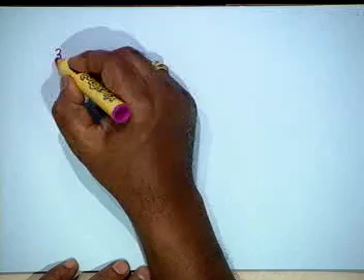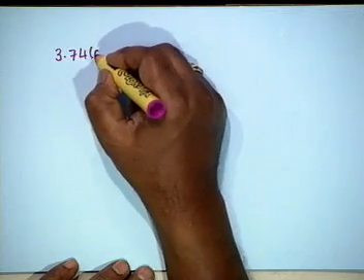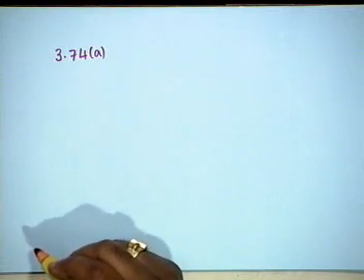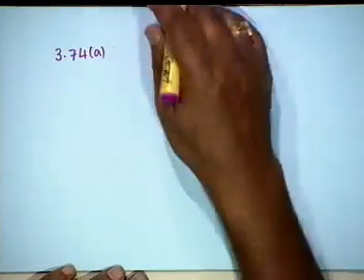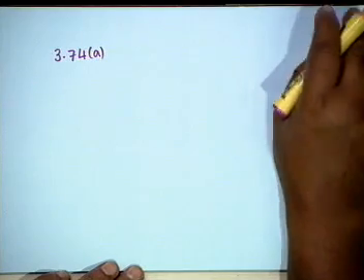The next question, 374a. Once again I am solving only the A part, B part is the negative of this.